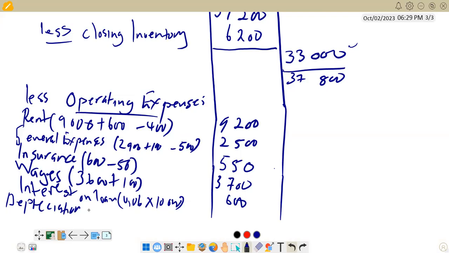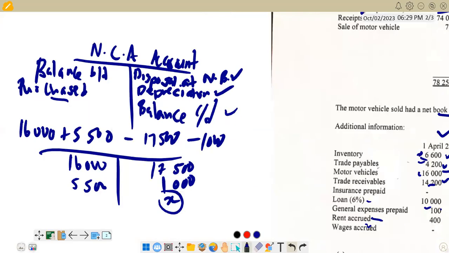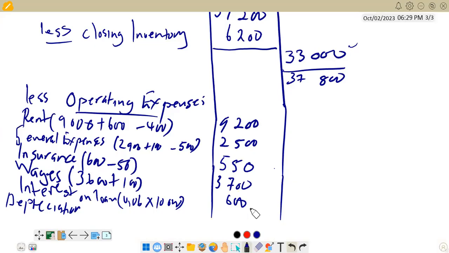For depreciation, we go back there for our figures. If you do 16 plus 5,500 minus 17,500 minus 1,000, you are supposed to get 3,000. So this is the figure for depreciation that we are going to put in the income statement. Depreciation 3,000.